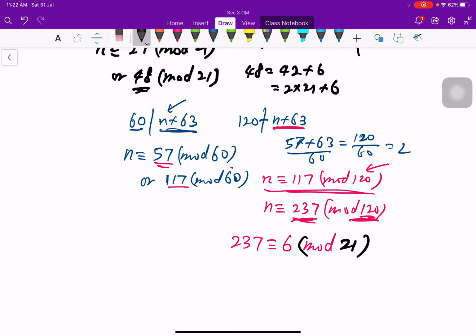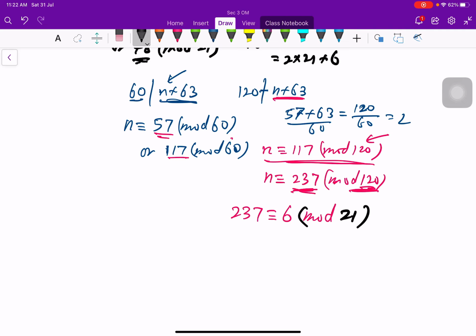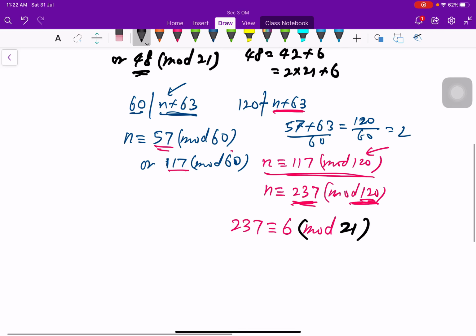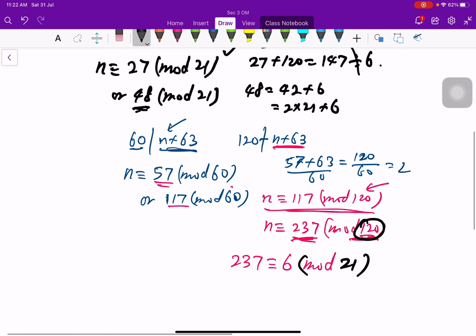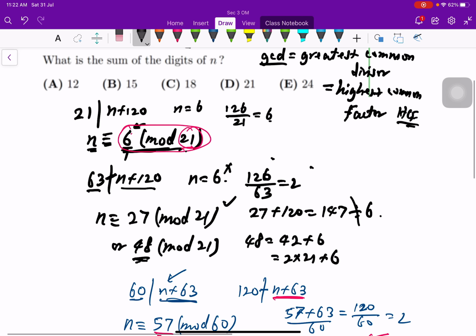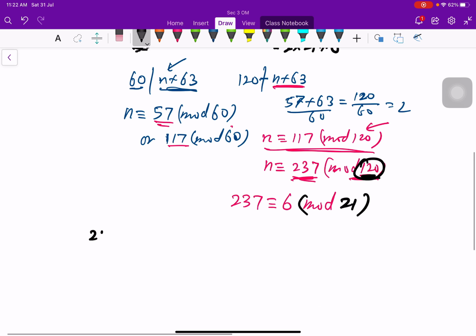Okay, then now can you see that? Let's look at the LCM of 21 and 120. Basically, now I'm looking at modulo of 120 and modulo of 21, right? Therefore, we are looking at LCM.